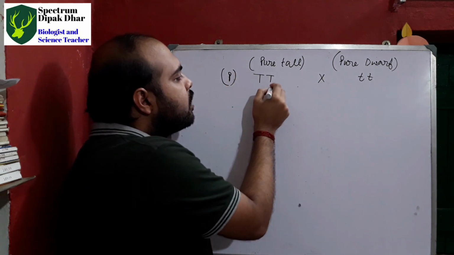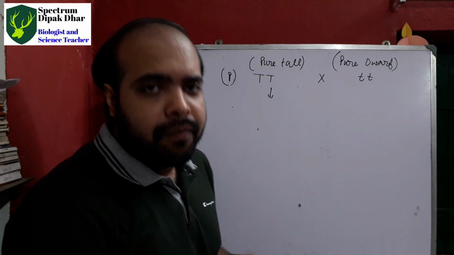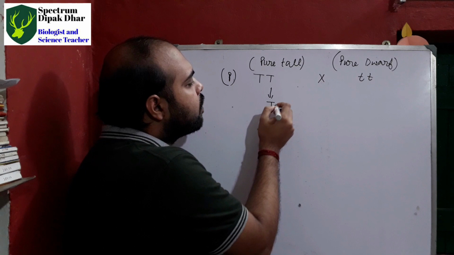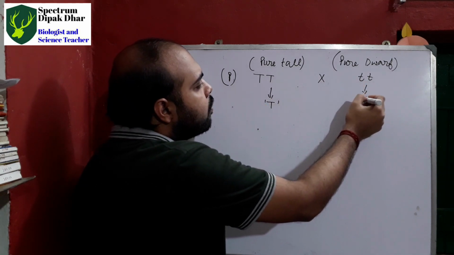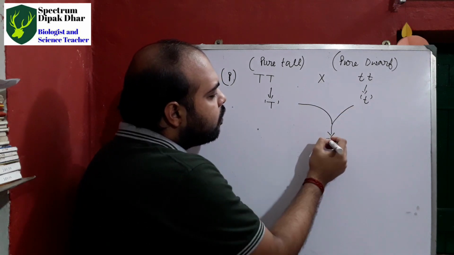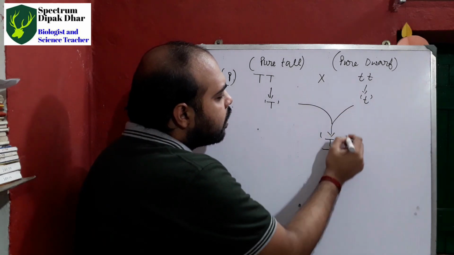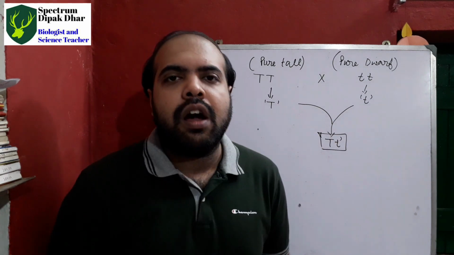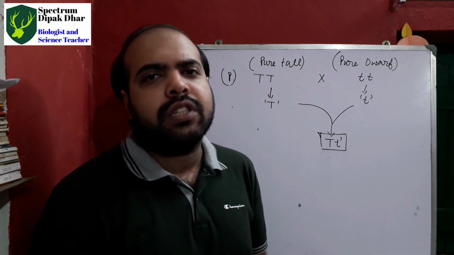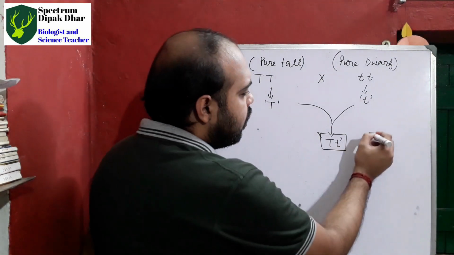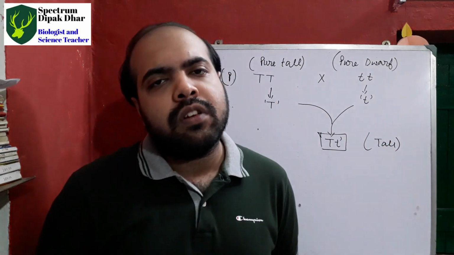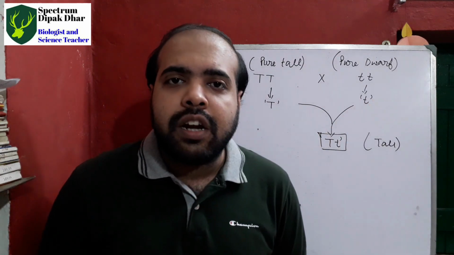In the gamete, the chromosome number will be halved due to meiosis. Now the gamete will have a single capital T, and the other a single small t. In the F1 generation, we get a hybrid genotype, capital T small t, and all the F1 plants will be tall. There is no expression of the dwarf character in the F1 generation.